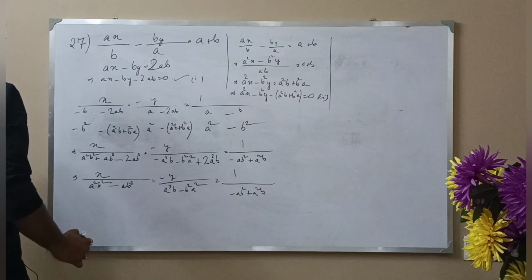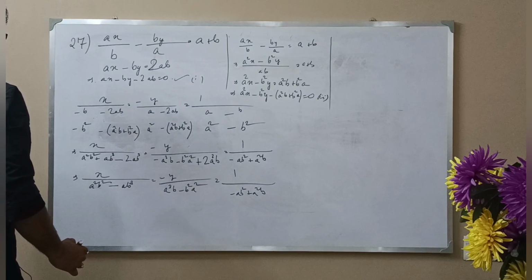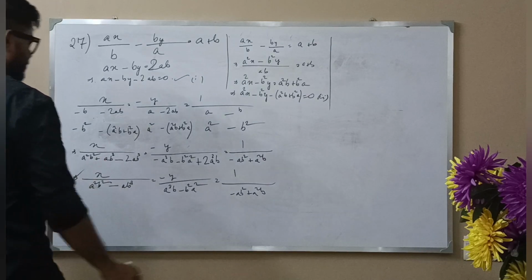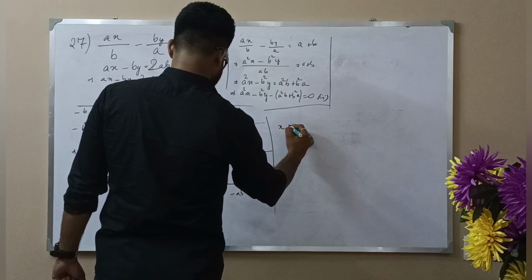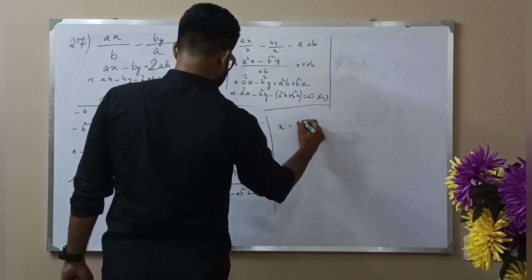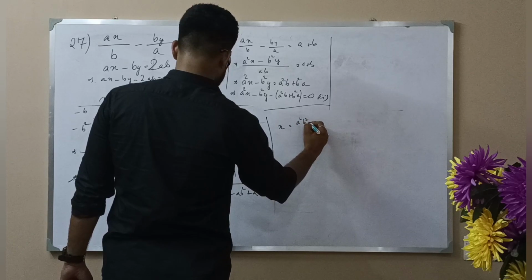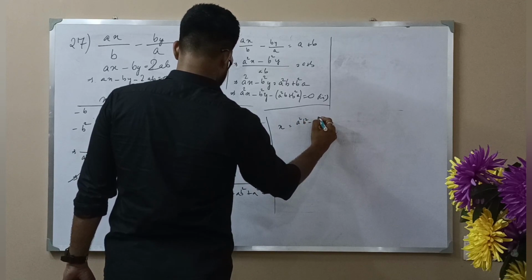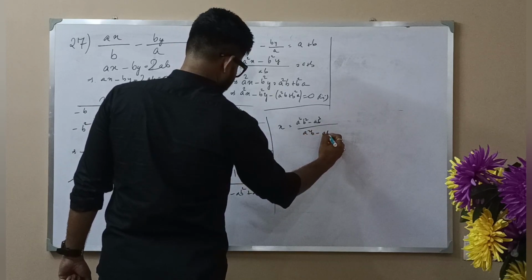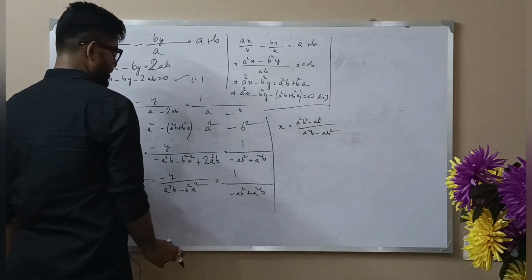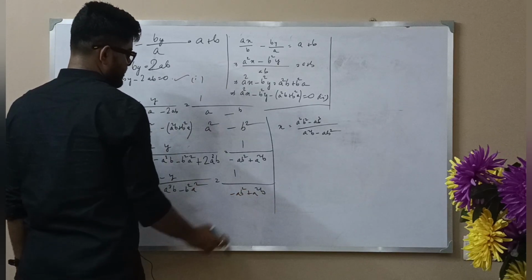Now we'll find the value of x. So we can write x equals to a square b square minus ab cube by a square b minus ab square. I have just taken this term this side and this one this side.